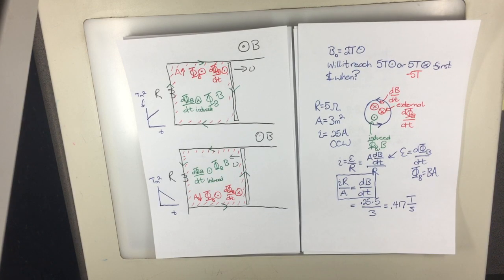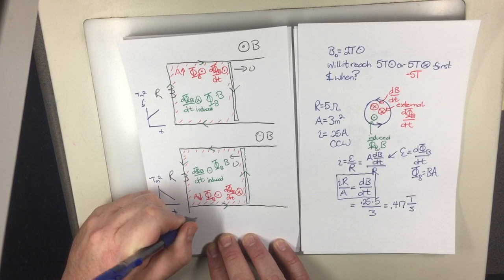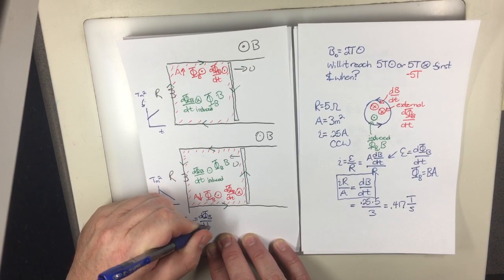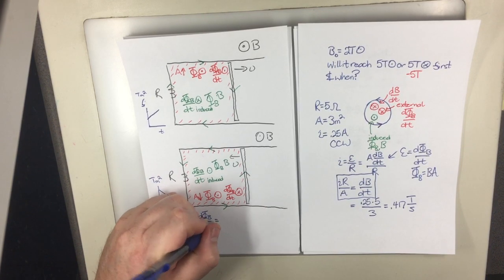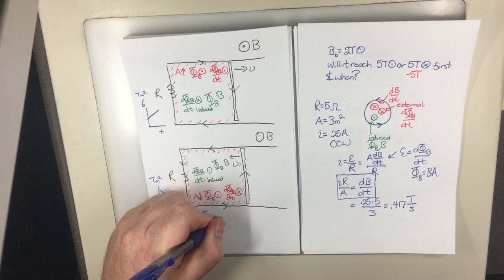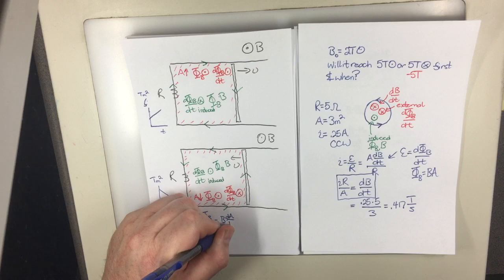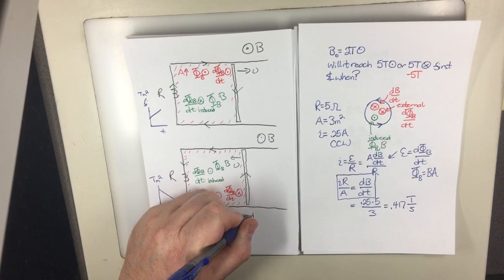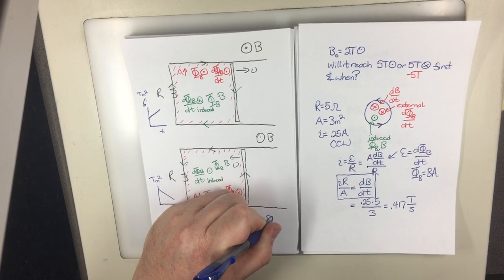For all of these cases, the electromotive force, which is dΦB/dt, and I'm only interested in magnitudes at the moment, gives you B dA/dt, which gives you B L dx/dt, which gives you B L v.